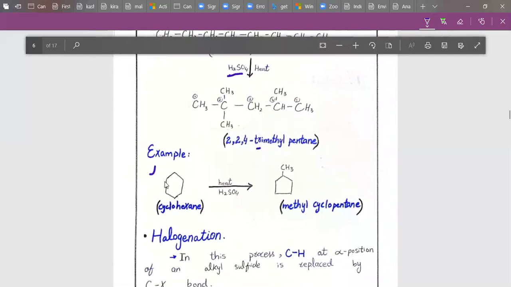Cyclohexane also undergoes oxidation and converts into methyl cyclopentane in the presence of a sulfuric acid catalyst.